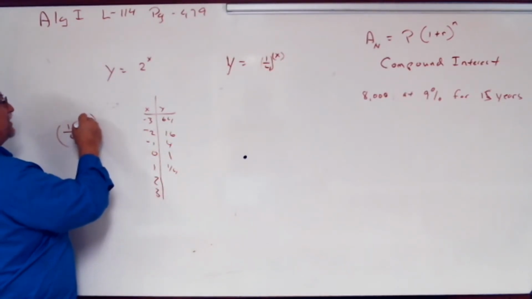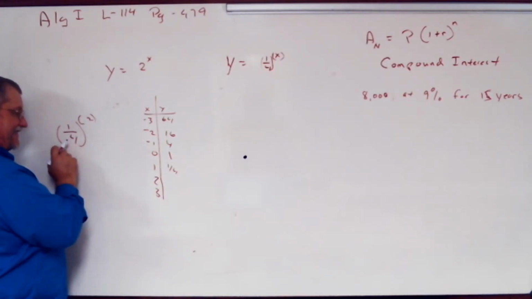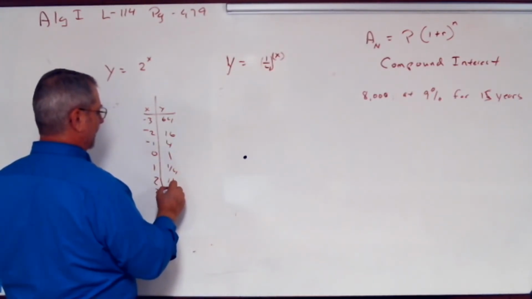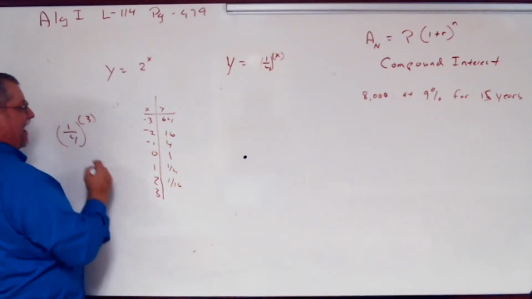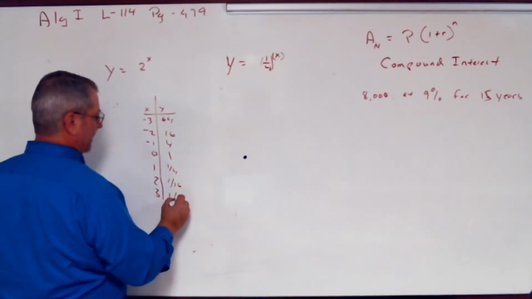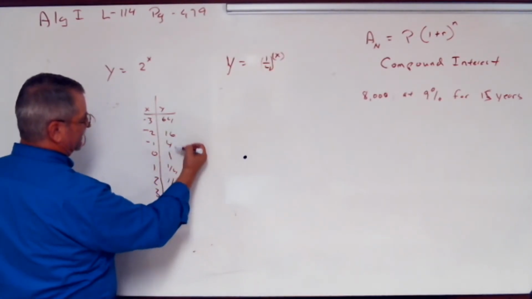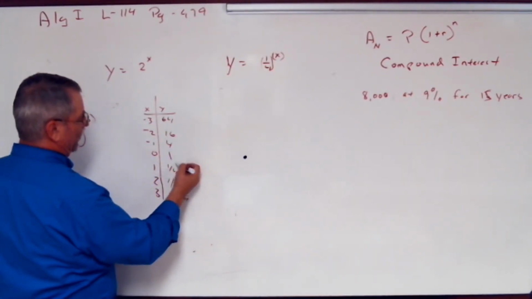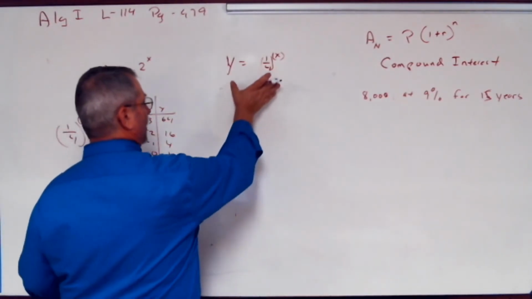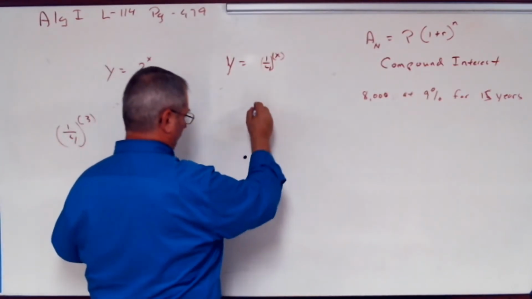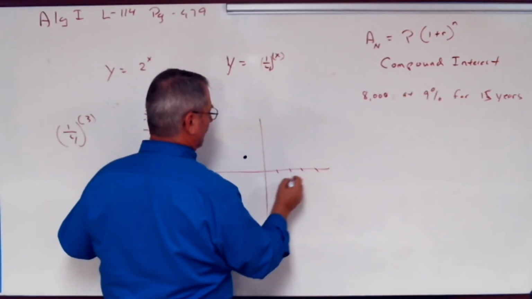If I put a 2 here, I have 1 over 16. Do you see the pattern again? If I put a 3 here, I have 1 over 64. Here's a 64, 64. 16, 16. 4, 4. That's 1. Do you understand the pattern that's going on with this? So we graph it. I know, you don't have to do this a lot, but you have to do it a little bit.